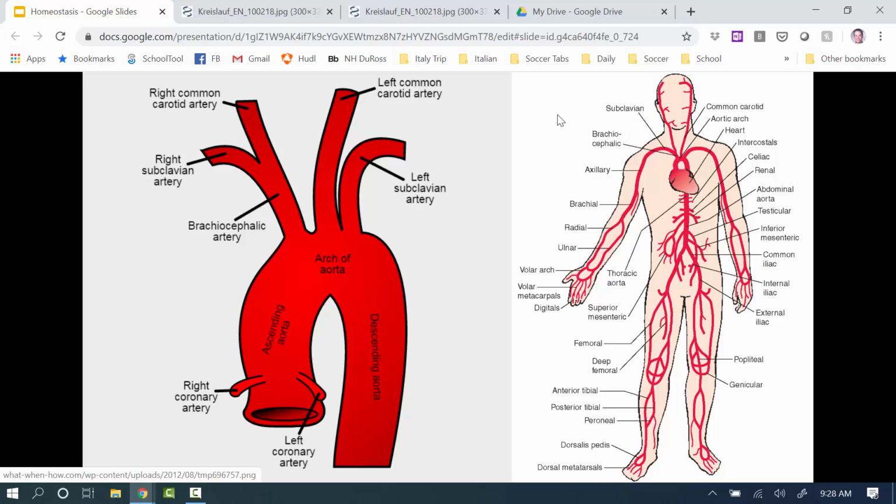The subclavian arteries, here and here, branch down to each arm. The aorta then goes behind our heart. It's not really in this model, but it would loop back behind the heart and go down. It's called the descending aorta, branching off and delivering blood to the torso, and then eventually down the legs and so forth.